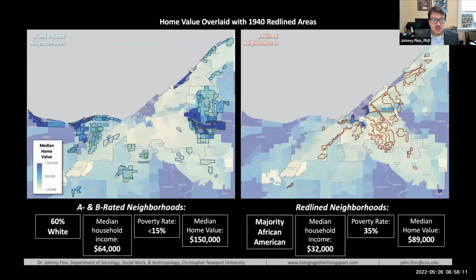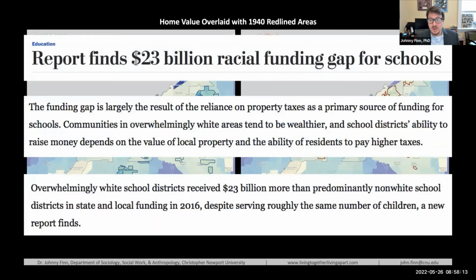So it should be no surprise that if we spend nearly a century disinvesting in Black neighborhoods, and then fund our schools based on property values, there's a $23 billion per year racial funding gap.